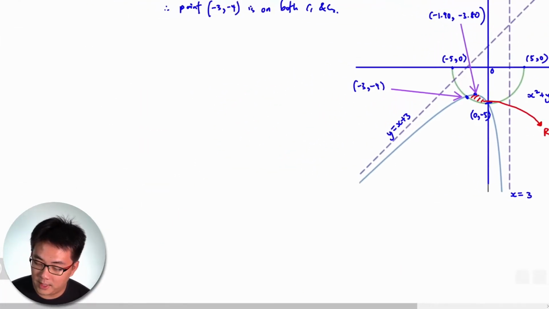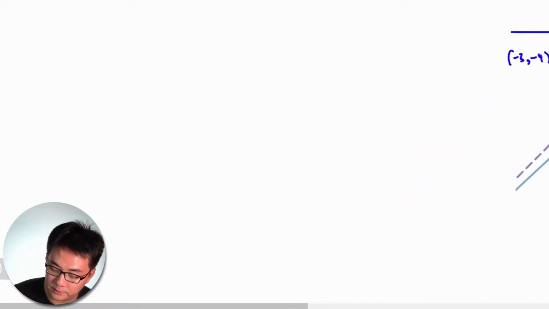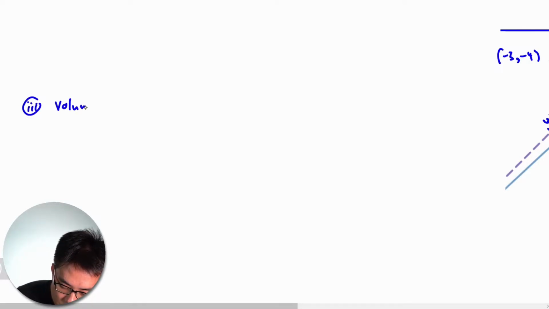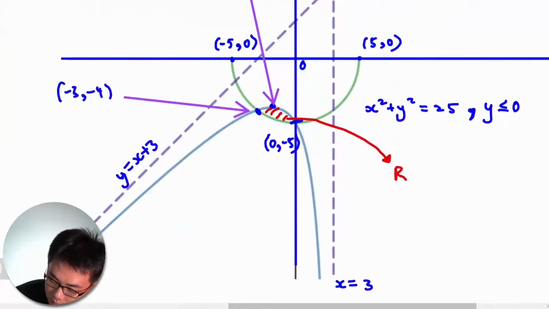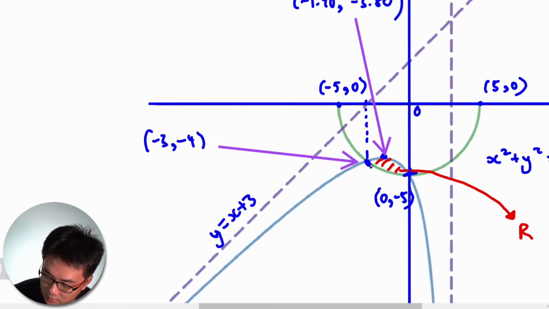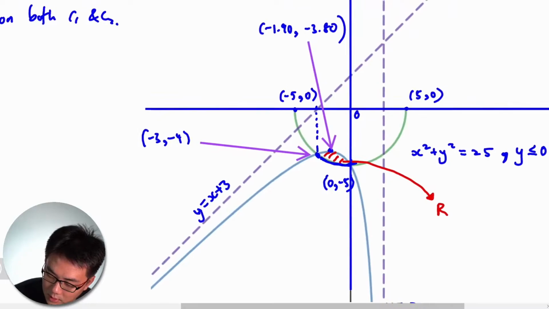So this part here, the volume required, this is part 3. The required volume will just be, you have this is minus 3, and this is actually 0. So you take from minus 3 to 0, and you take the equation here, where y is 0.